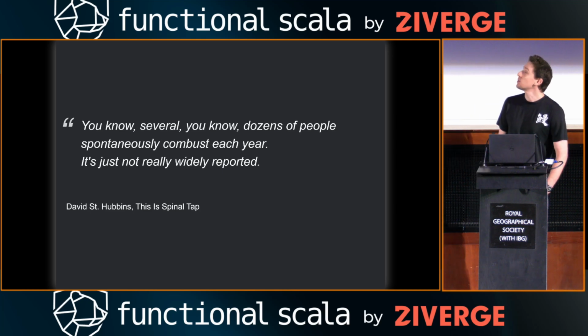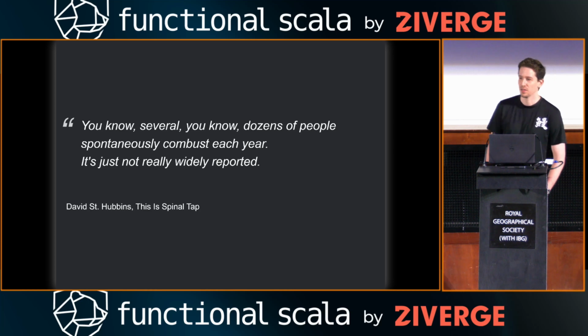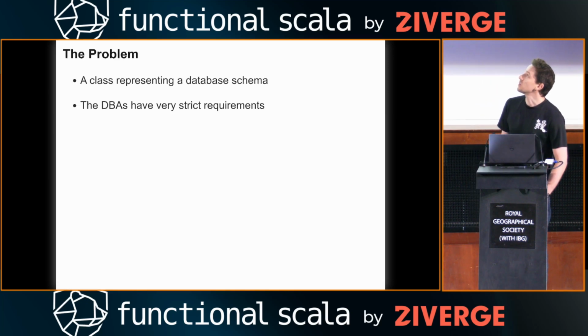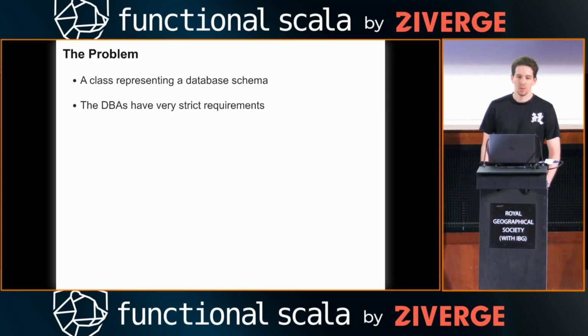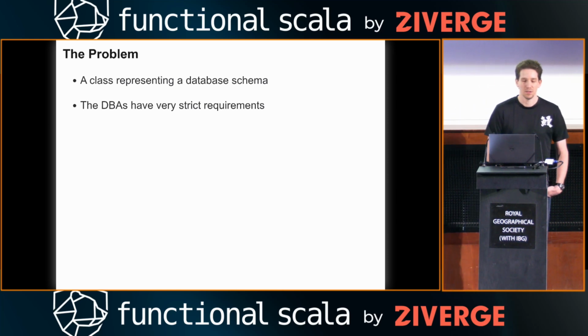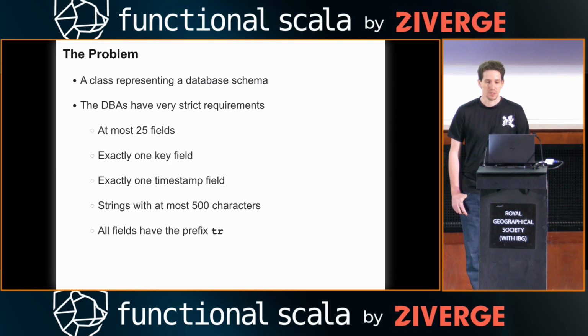So the issue that we just saw before was an issue of poor error reporting, and this is what we want to solve here. But let's first introduce the actual problem that we're trying to solve. We want to have a class representing a database schema, but the DBAs in our firm have very strict requirements about what can go into a database.